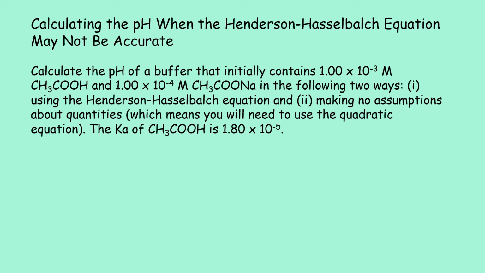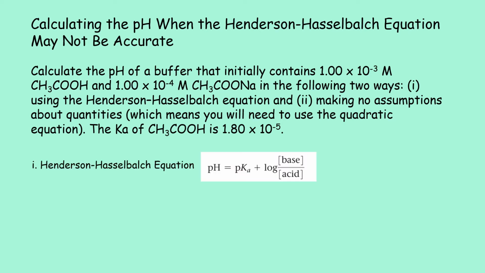For this problem, we are asked to calculate the pH of a buffer in two different ways. We know the initial concentrations of the weak acid and its conjugate base and the Ka of the weak acid. First, we will use the Henderson-Hasselbalch equation, which relates the pKa and the ratio of acid-base concentrations to the pH.